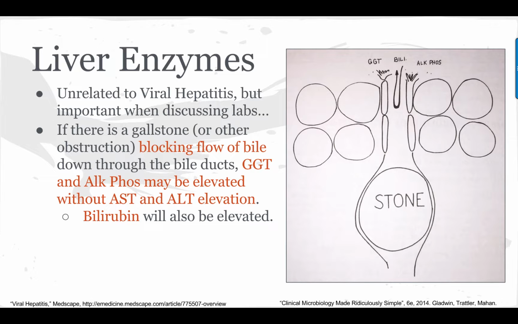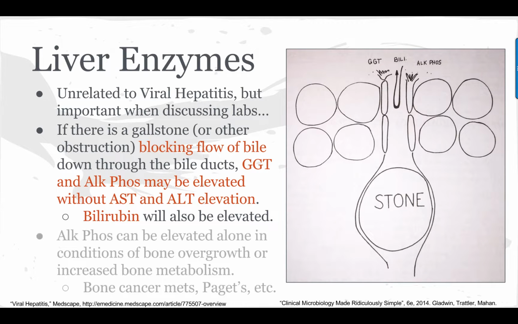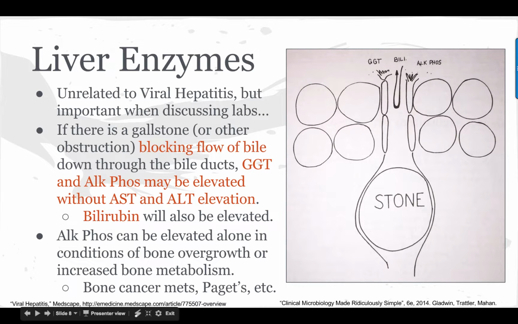And that correlates pretty well with at least a gallbladder stone causing blockage. Also, alkaline phosphatase can be elevated on its own without any elevation of GGT or AST or ALT or bilirubin. The way that happens is alkaline phosphatase is not only found in the liver or the biliary tree, it's also found in bone throughout the body.